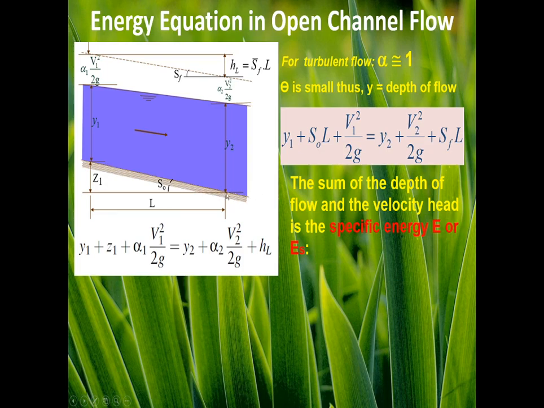Therefore, Z2 would be 0 in my equation, and I can write the energy equation for this open channel flow like this: z1 plus y1 plus alpha 1 v1 square over 2g equals, I don't have z2, therefore I start from y2 plus alpha 2 times v2 square over 2g plus hl.